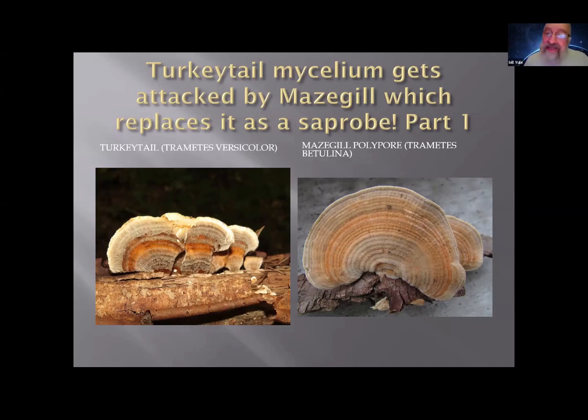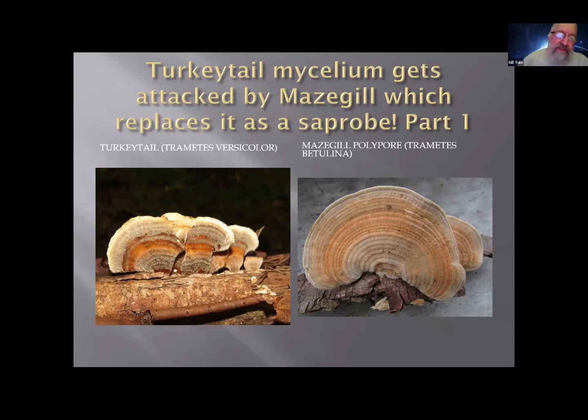And then the maze-gill polypore, Trametes betulina, cannot colonize that piece of wood until the turkey tail starts to change the chemistry. So what happens is that the maze-gill, Trametes betulina, is a parasite of the mycelium of the turkey tail.